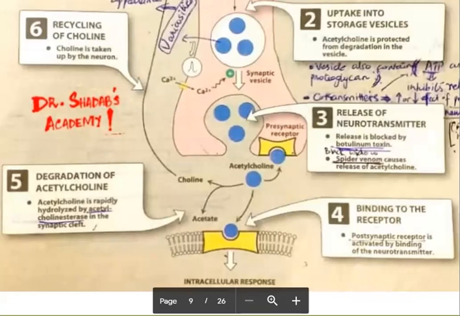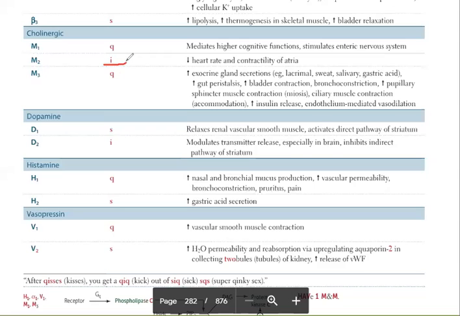Then we have the Gi, the inhibitory one, that inhibits adenylyl cyclase, and that adenylyl cyclase will not let ATP convert into cyclic AMP, and cyclic AMP is further responsible for protein kinase A activity that will help in phosphorylation and opening of sodium potassium ligand gated channels.